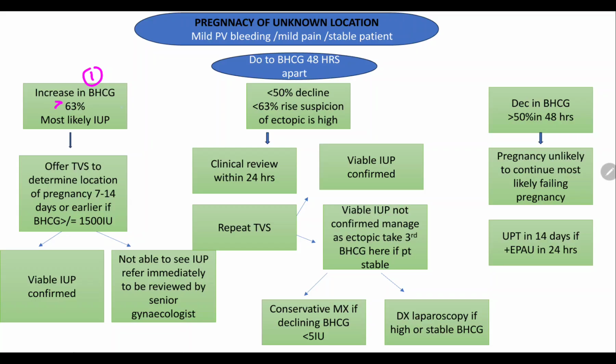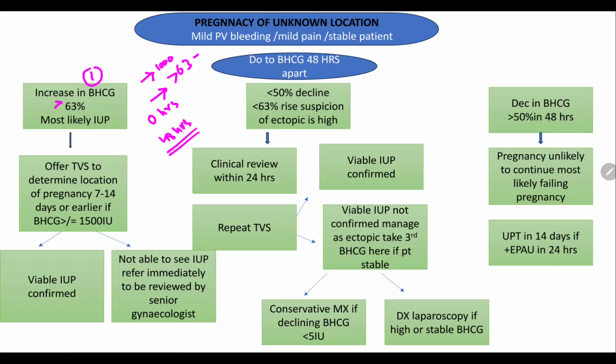First, focus on this flow chart. If you get a patient whose beta HCG increases by more than 63%, it means at first the beta HCG was, let's suppose, 1000, and later on it increased by more than 63%. How will you calculate this 63% rise? Take the beta HCG at 0 hours and the beta HCG at 48 hours.